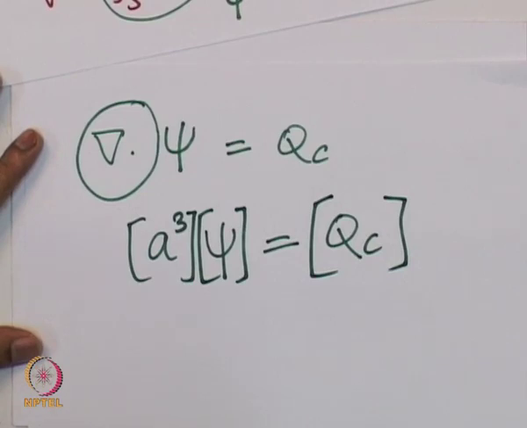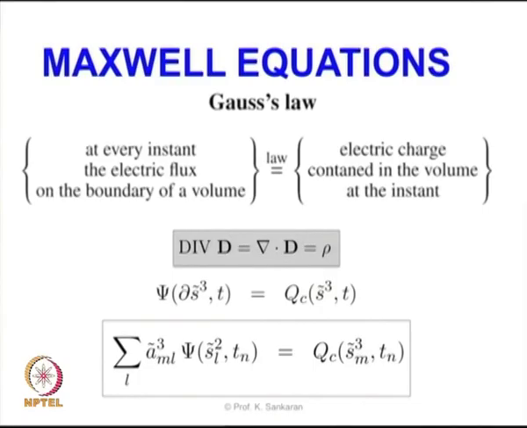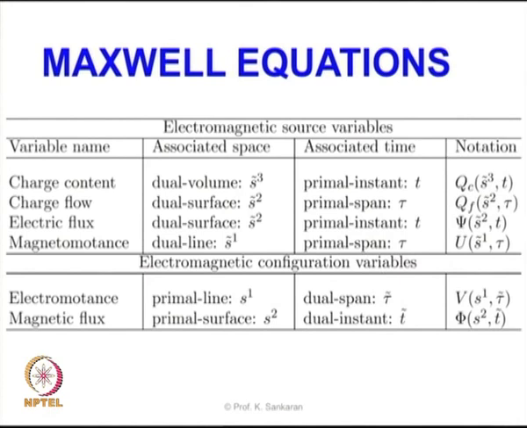When you see the slide here, this term is the A3 matrix, and the electric flux, in the previous slide we said, is associated to the dual surface.